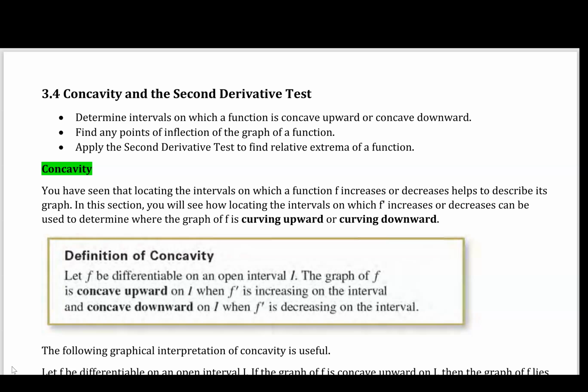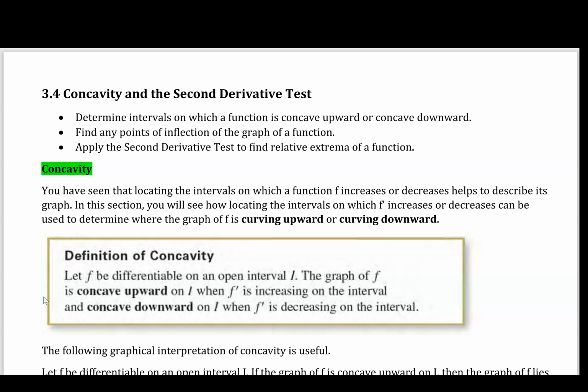So to begin with, let us define what concavity is. Now, in the previous sections, we have seen that locating the intervals in which a function is increasing or decreasing helps us to describe the graph of the function.